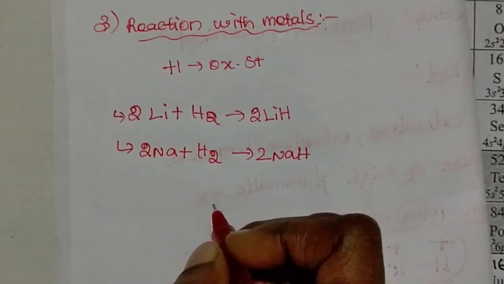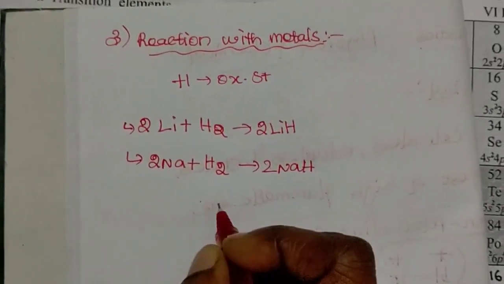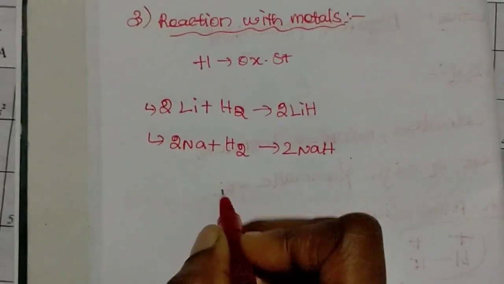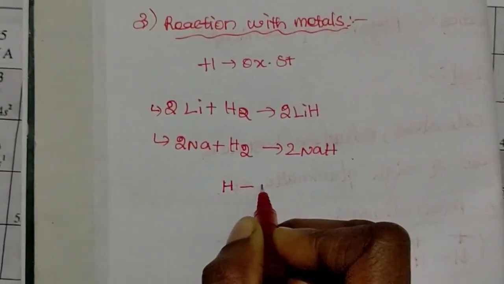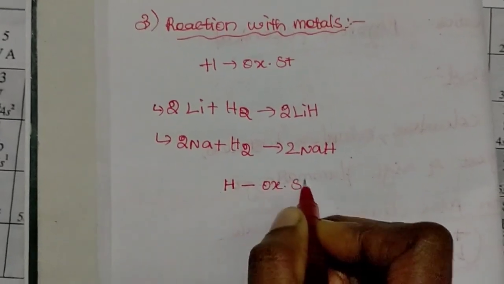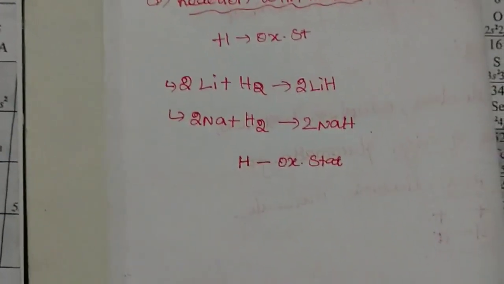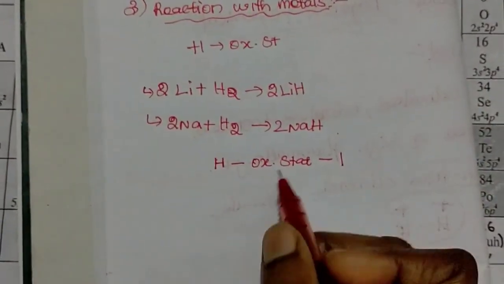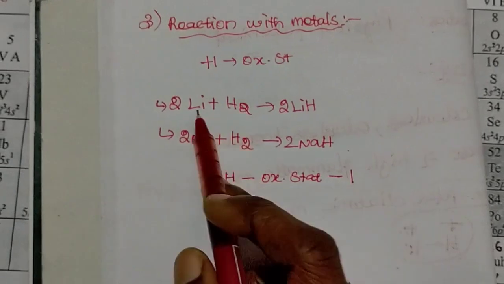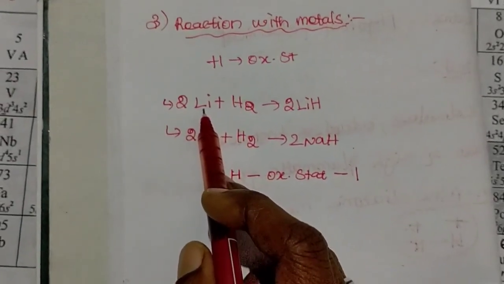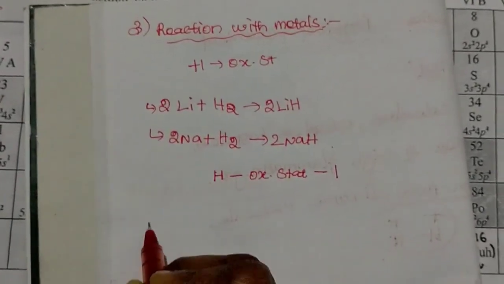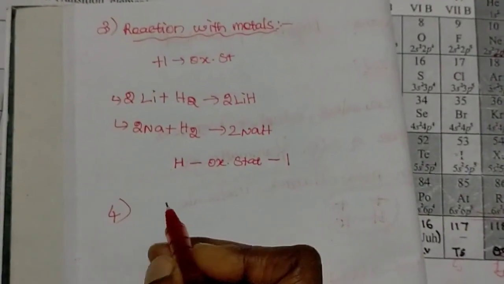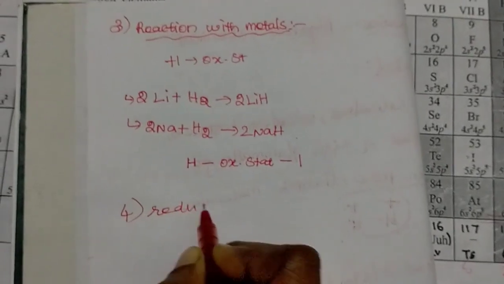Generally, these alkali hydrides have the oxidation state of -1, because of the combination of hydrogen with the reactive metals. Next property: the above hydrides are used as reducing agents.